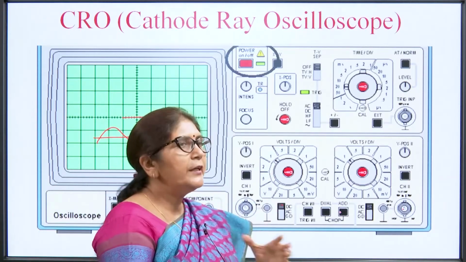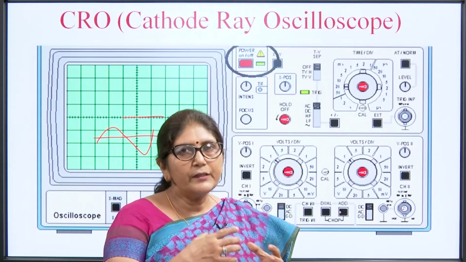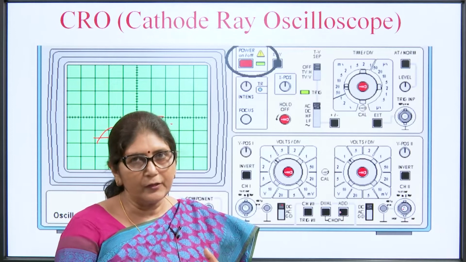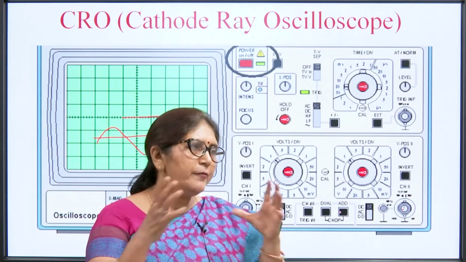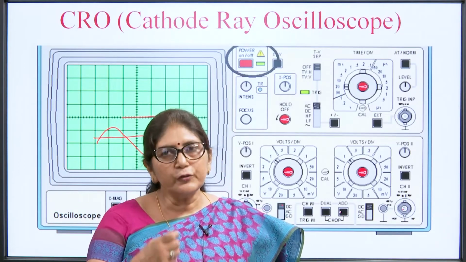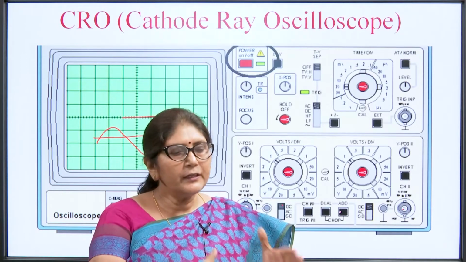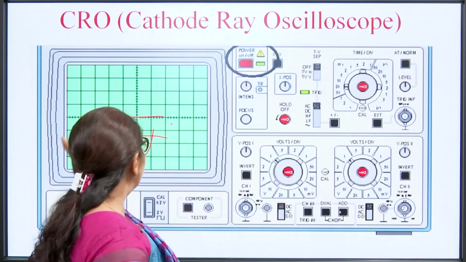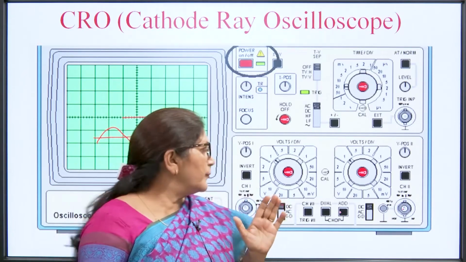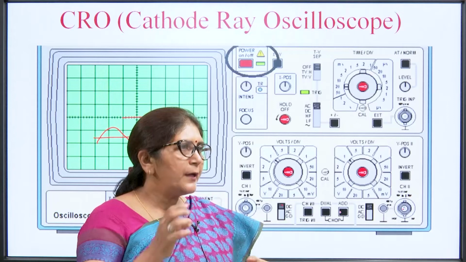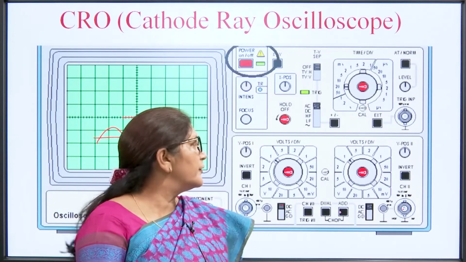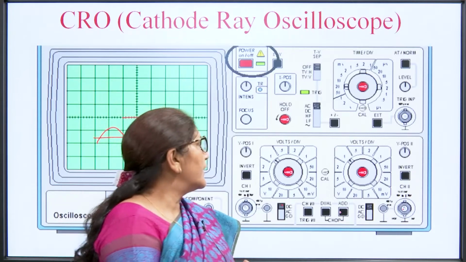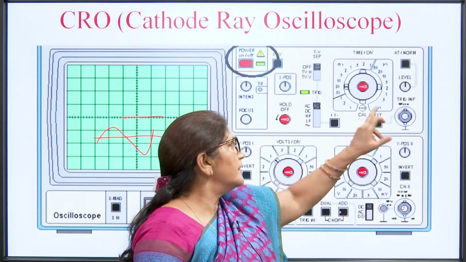Similarly, the triggering pulse is basically applied from the inside of the CRO. The CRO has a circuit that generates the sawtooth wave. The sawtooth wave signal is used to move the electron beam from left to right. If we want to apply a synchronous signal externally, at that time we will press this external switch.